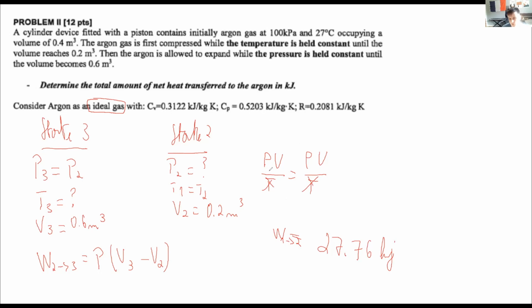If we say this is the pressure in the first state, volume in the first state, pressure in the second state, volume in the second state, singling out pressure will give you P1 V1 over V2.